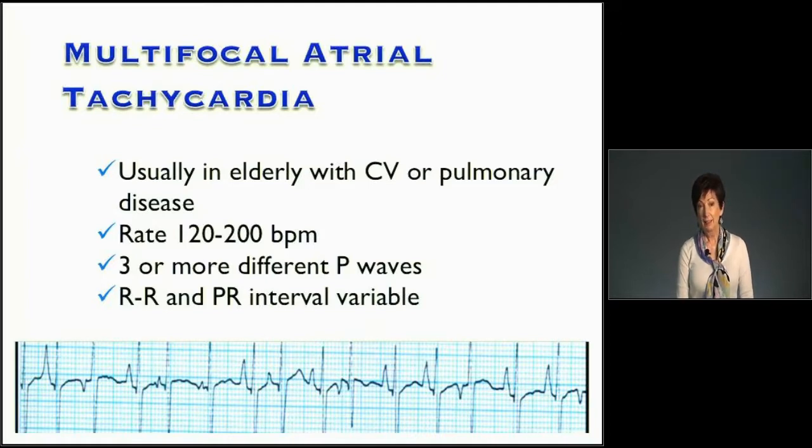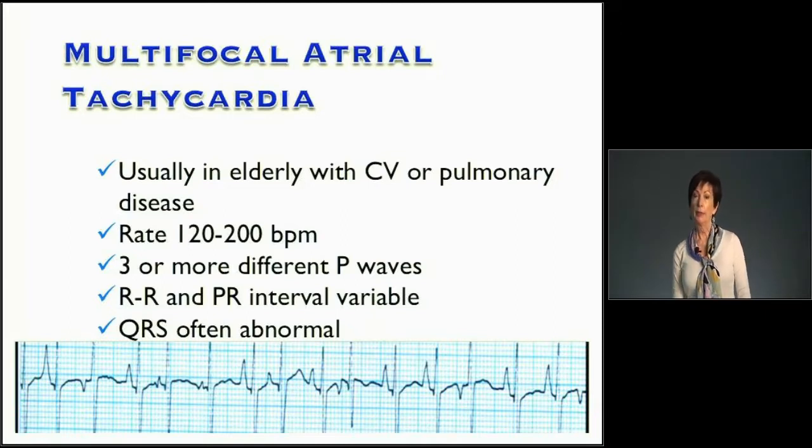And it's not uncommon for the QRS to be abnormal. There's a degree of aberration, meaning that when some of the Ps go through the AV node and get ready to activate the bundle branches, one or the other bundle, either the right or the left bundle, may still be in a state of repolarizing.